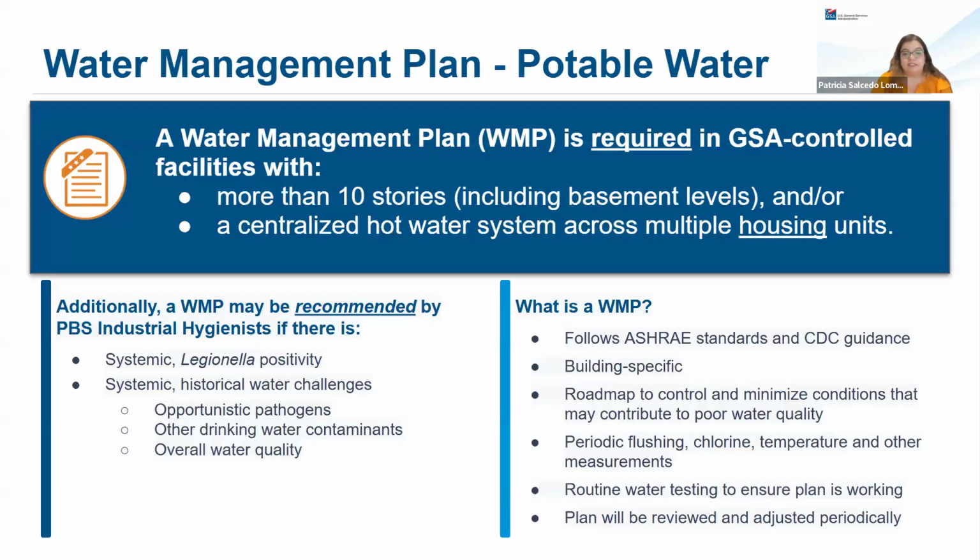It includes periodic flushing, chlorine disinfectant level readings, temperatures, and other measurements, as well as routine water testing to ensure that the plan is working. The plan is reviewed and adjusted periodically, such as when there's construction or renovation, or if a portion of the building is not in use or not operational. Next slide, please.